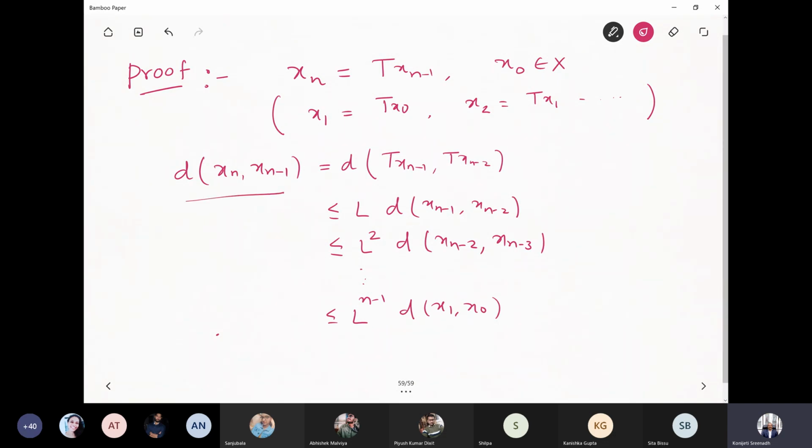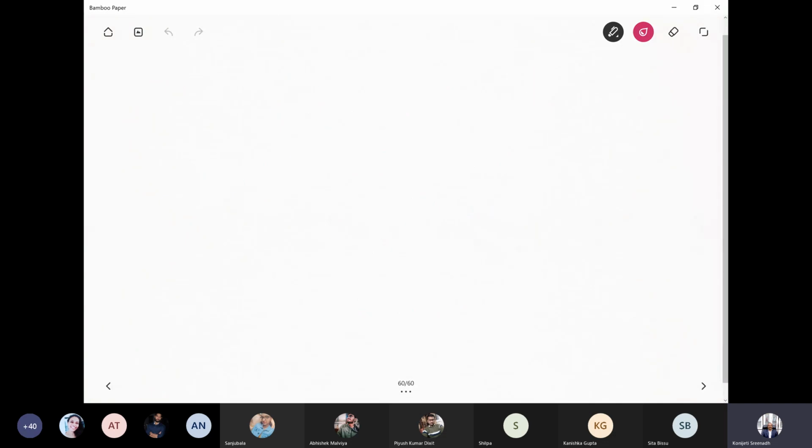Once we have this, we can write d of xn and xm for any m greater than n. Take any n and m, where m is greater than n.